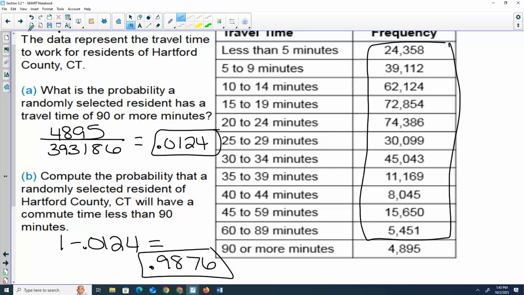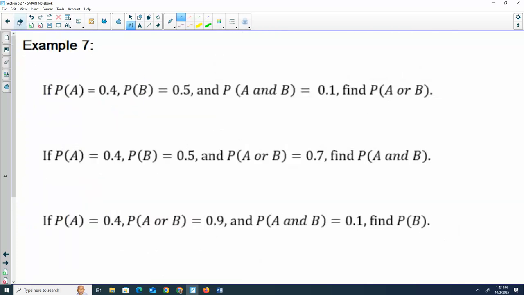Okay, last few, I'm just practicing manipulating our formulas. So I want you to be comfortable using formulas and solving for them like we would anything else. If I say the probability of A is 0.4, probability of B is 0.5, probability of A and B is 0.1, find the probability of A or B. That looks super confusing. But look at your formula sheet.